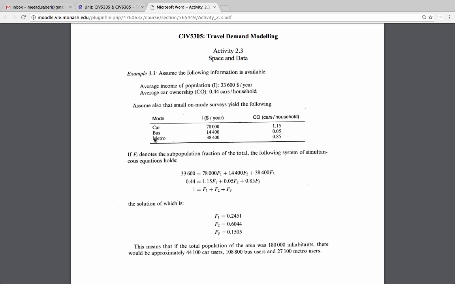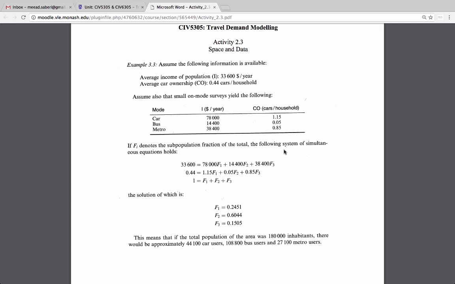And metro users have an average income of $38,000 and car ownership rate of 0.85. Now, we are interested in getting the subpopulation fractions. We want to know how many people use car, how many people use bus, and how many people use metro. So F1 relates to car users, F2 relates to bus users, and F3 relates to metro users.